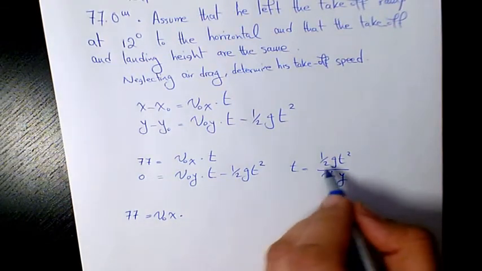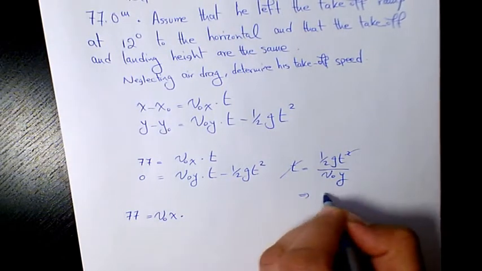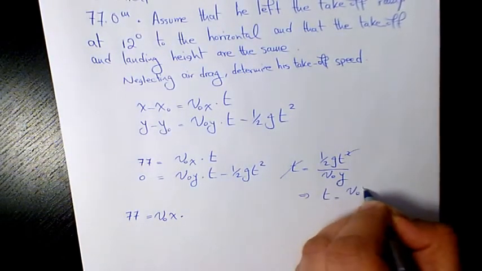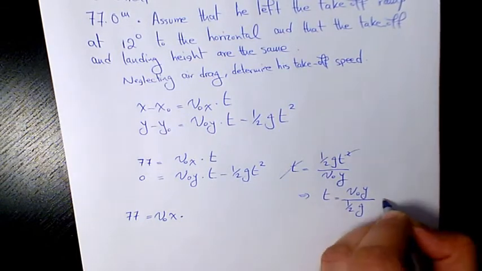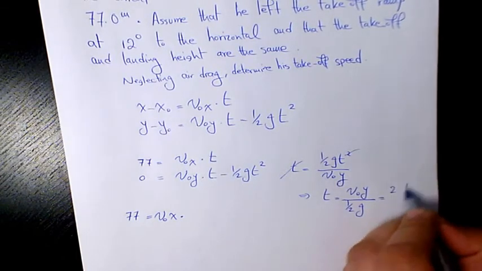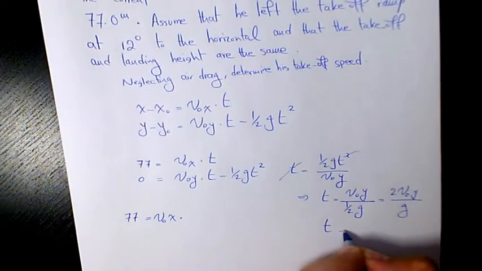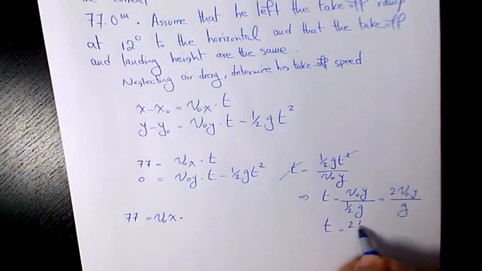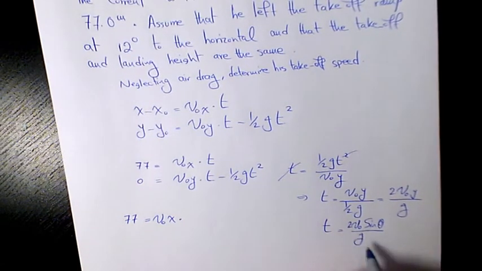Here we have this t and t squared cancel out, and we end up having t equals v naught y divided by 1/2 g, or it's going to be 2 v naught y divided by g, or we can say that's going to be equal to 2 times v naught sine theta divided by g.